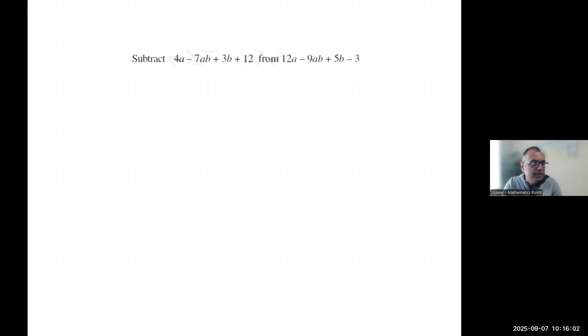All right. Let's see what's happening here. Subtract, and I'll change the color maybe. So the stuff that is after "from" comes first. 12a minus 9ab plus 5b take away 3 comes first. Kanisha, does that make sense?